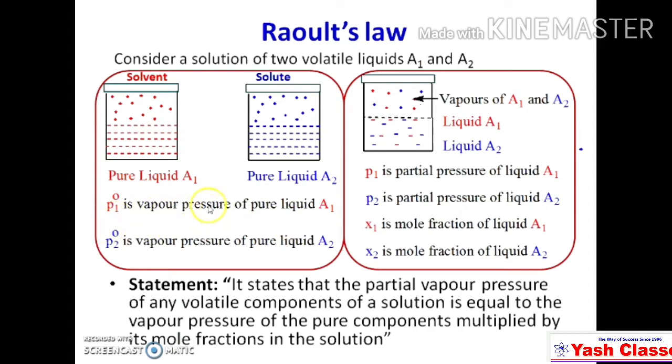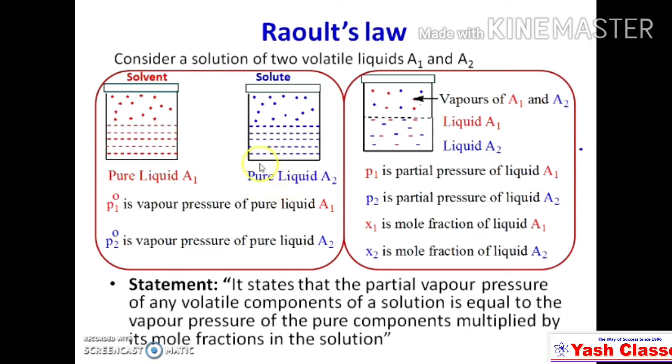What does it mean? When this liquid is kept in this container, after some time there will be dynamic equilibrium, the number of vapor molecules will remain constant, and the pressure exerted by these vapor molecules on the surface of the liquid is the pure vapor pressure at a given temperature.